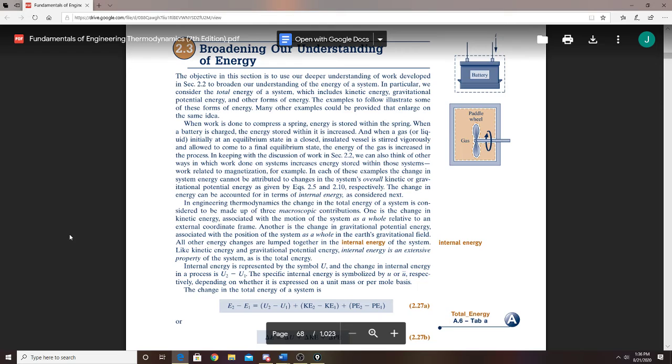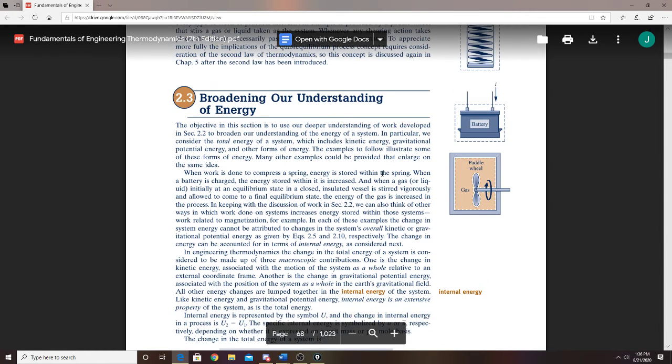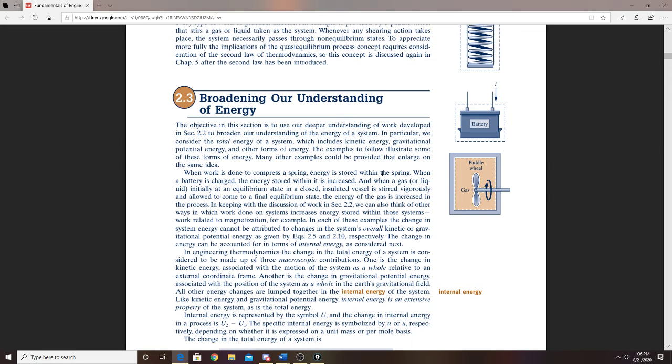Energy involves a lot of things: kinetic, potential, the energy of the fluid, work, and heat transfer. All of these things sum up to total energy. We've already talked about kinetic and gravitational potential energy, so we're not going to talk about those again.